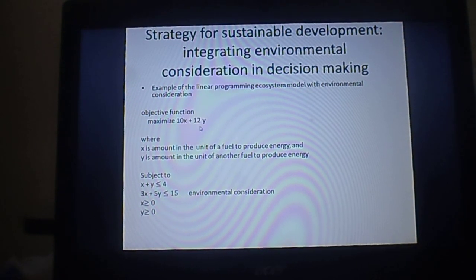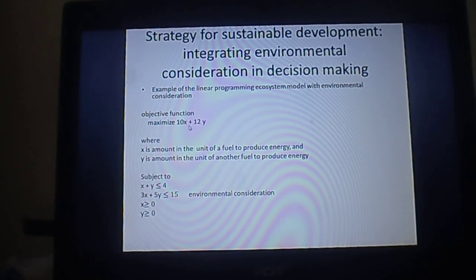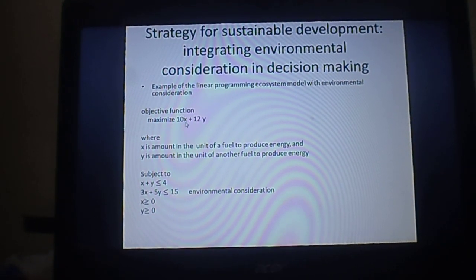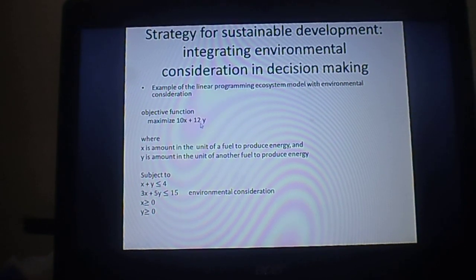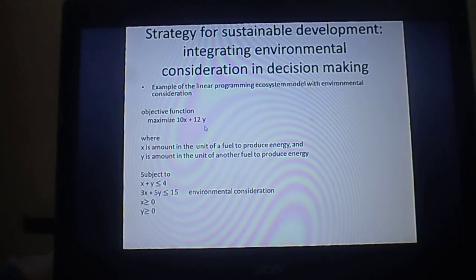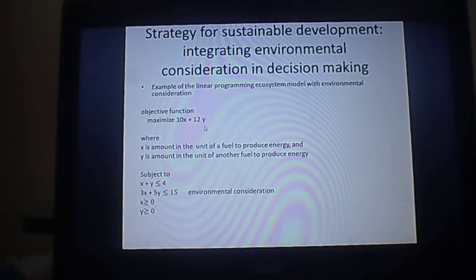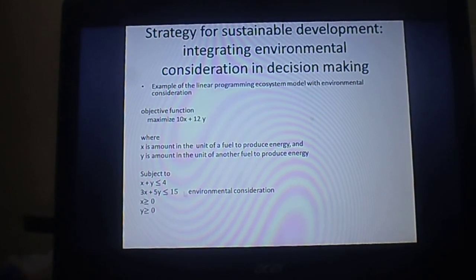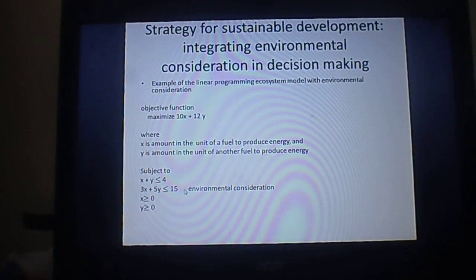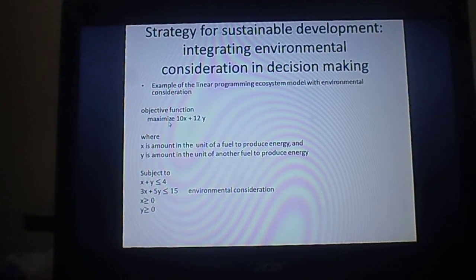The benefit obtained, therefore, when x is 5 over 2 and y is 3 over 2 is 43, or amounting to 43. That is with the environmental consideration.